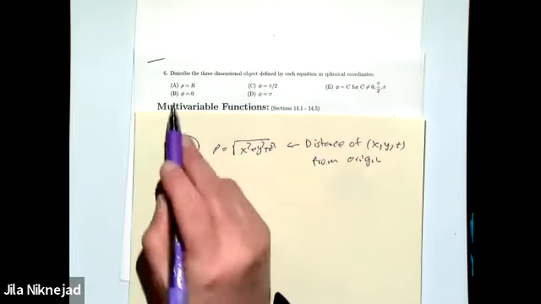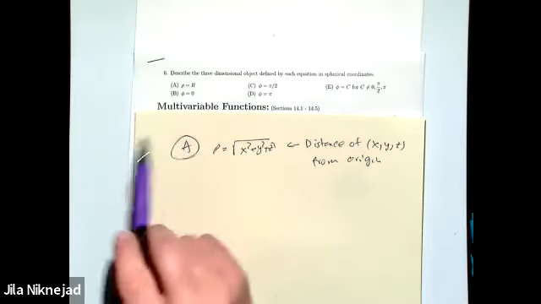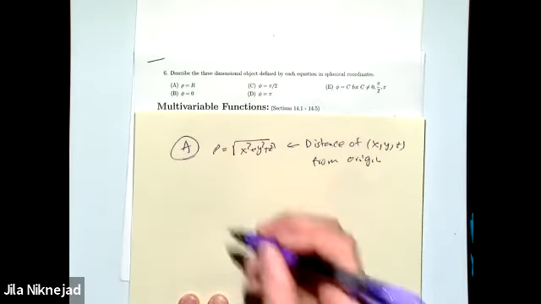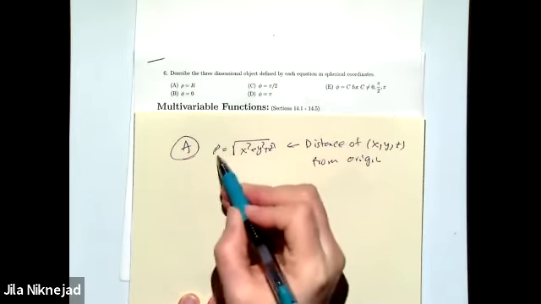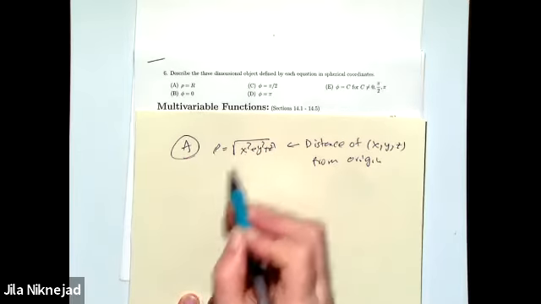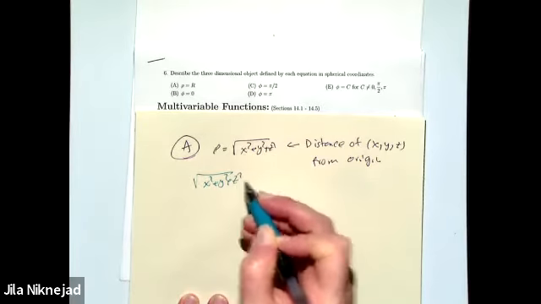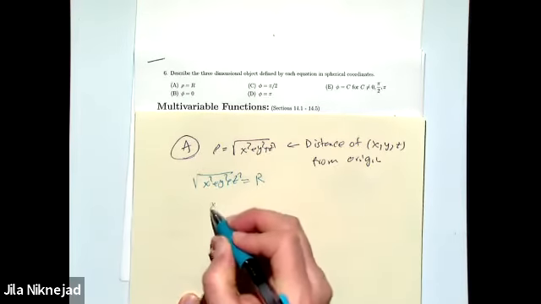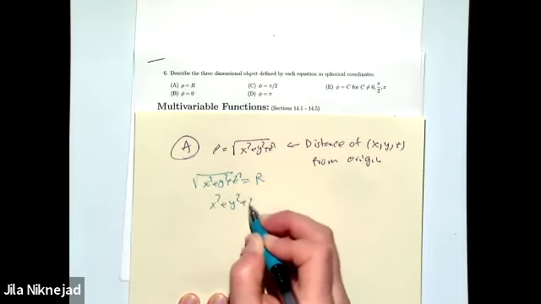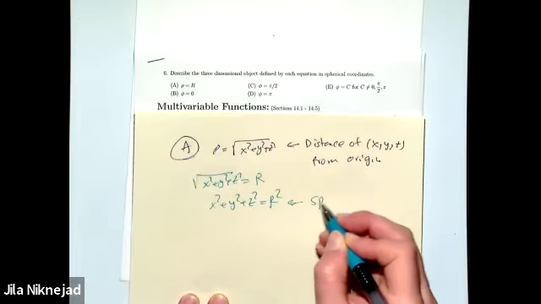So now if I want to convert that equation A to the, what's the other one? Cartesian, I'm going to replace rho by that. And r is a constant. I can even write it as power 2. Now you know this is a sphere.